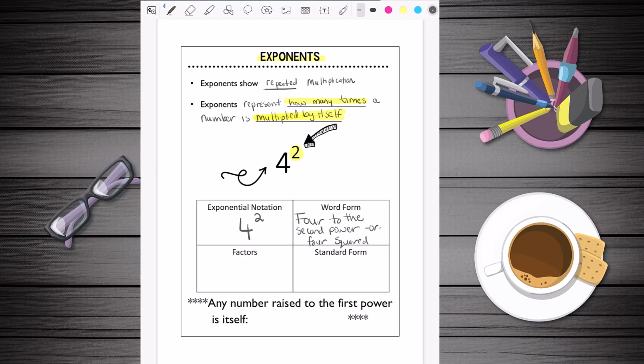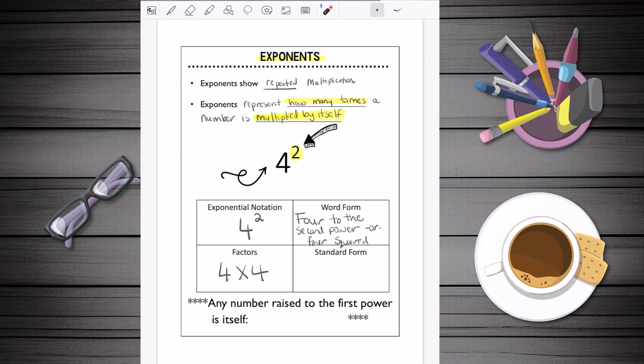We could also show the factors that this represents as well. Now remember, exponents represent how many times a number is multiplied by itself. So the base number is your factor, and the exponent determines how many times it will be there. So our base number is 4, and it needs to be multiplied by itself twice.